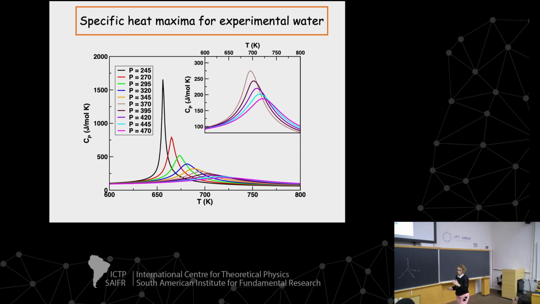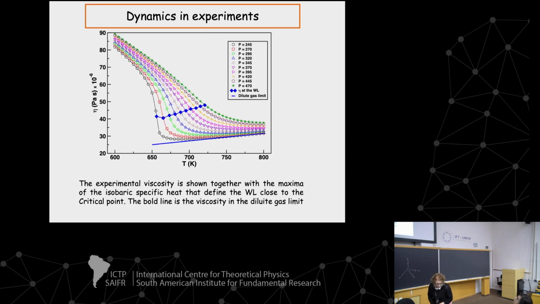So we can plot the specific heat maxima and see where they are pointing. We can also calculate the viscosity. So this is experiments, still experiments, and with the specific heat maxima, we consider it a proxy of the Widom line.